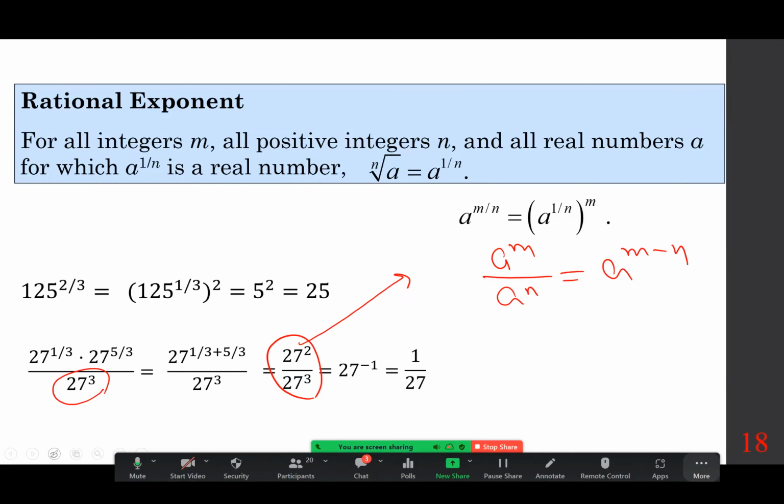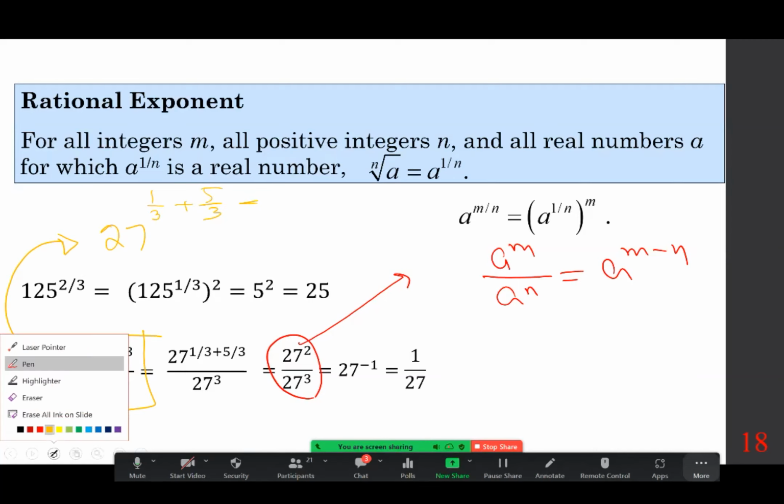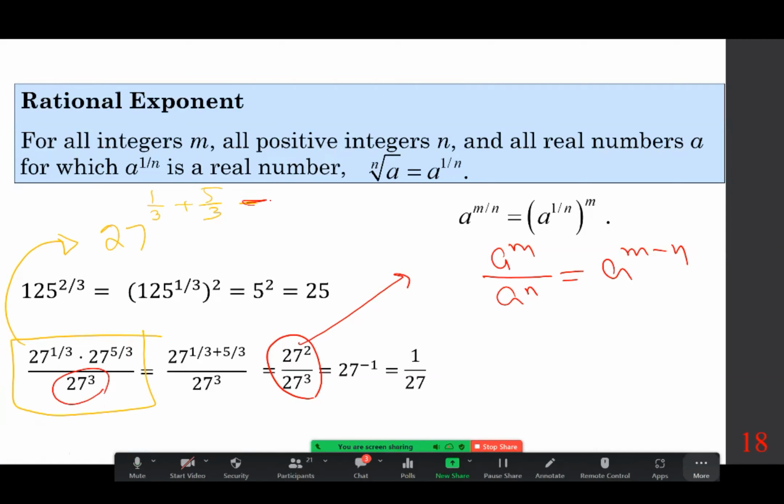And right here in one shot, you could say 27 to the power of 1/3. Then you add 5/3 because they are being multiplied by each other at top. And then minus 3, because 3 is in the denominator.